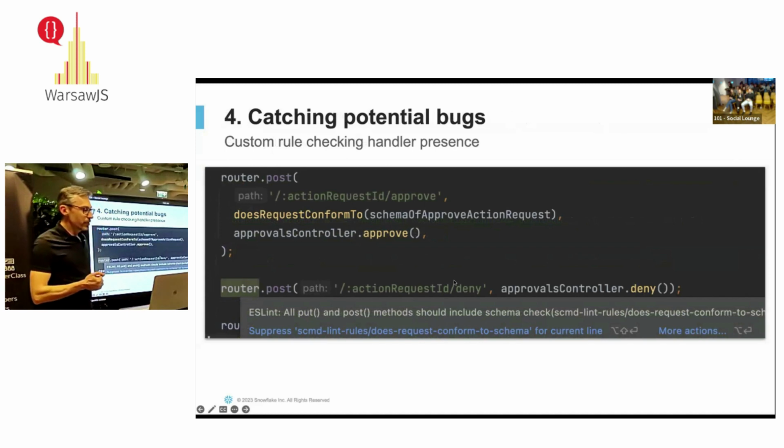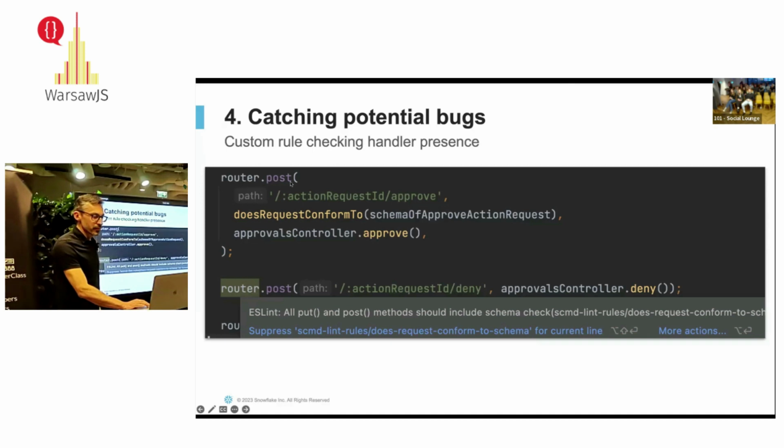And the last example is about catching some potential bugs. So it is also a custom rule that checks that the handler is present in our router config. So we decided that for each router method that is doing post or put, we should have a schema check to make sure that the request is valid.